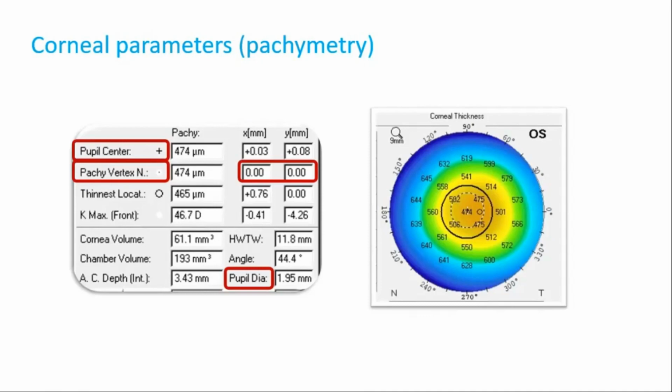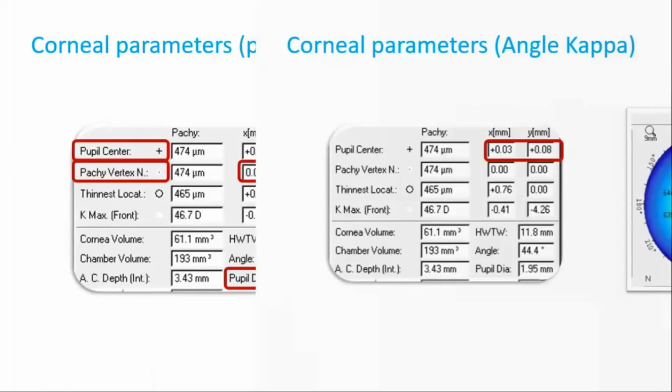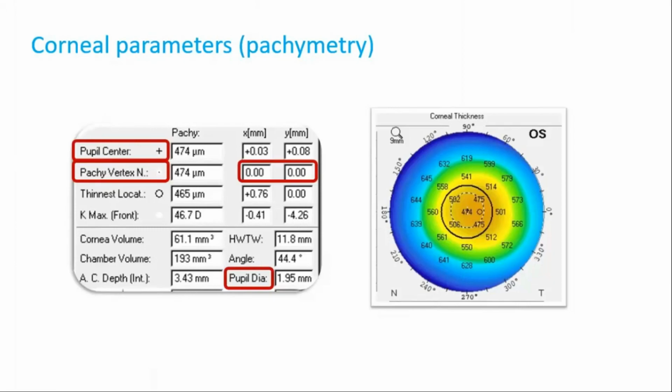Also, the pupil center should not be more than 0.05 in the x and y axis. Here, as we can see, the pachymetry value of 474 is the corneal thickness corresponding to the pupil center location and its coordinates. Pupil diameter is also important to look at, as the machine indicates here.